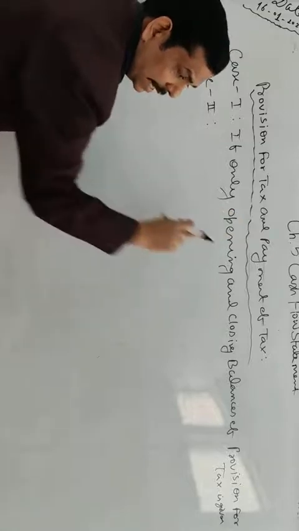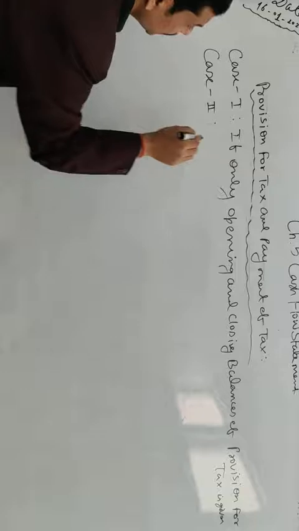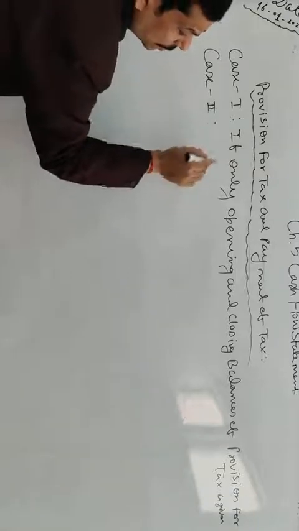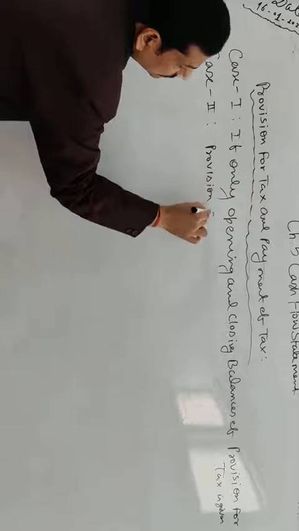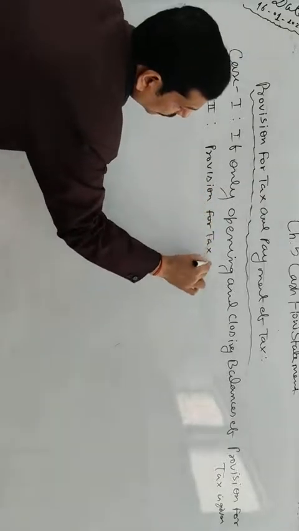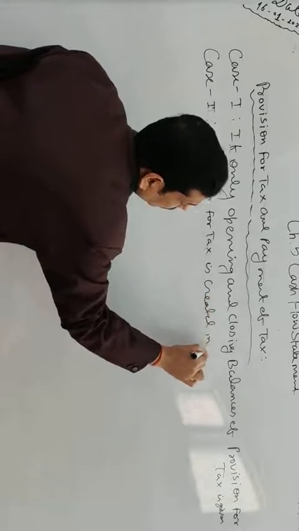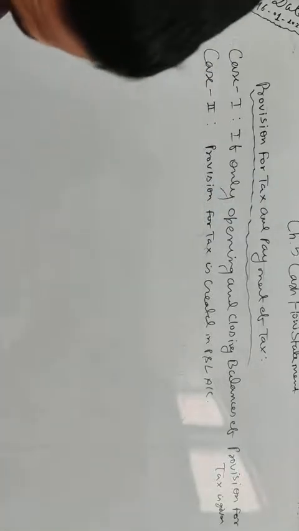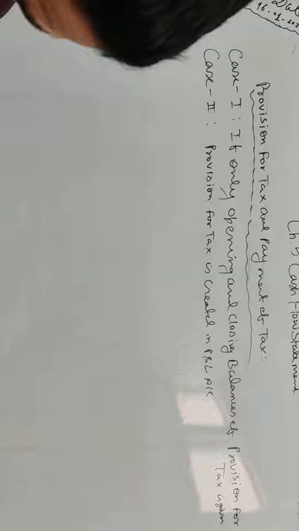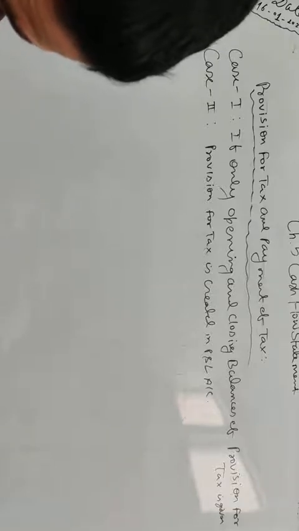This means opening and closing balances of provision for tax are given as additional information, and in the profit and loss account one more provision for tax is also created. Clear? Opening and closing balances are already given, and at the same time one more provision for tax is also given.